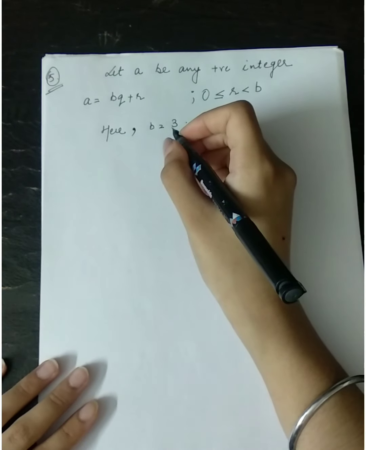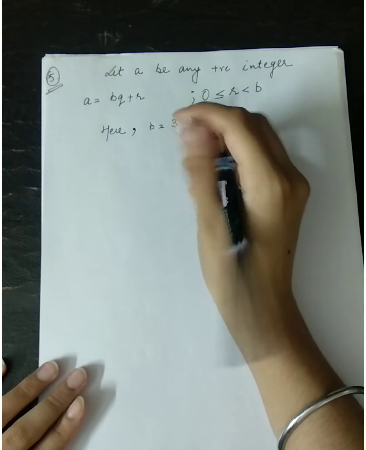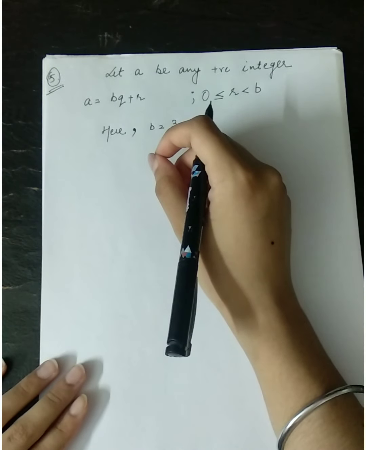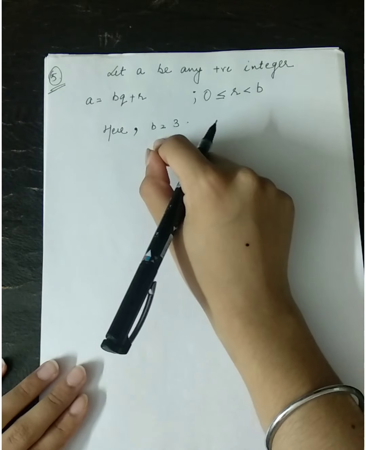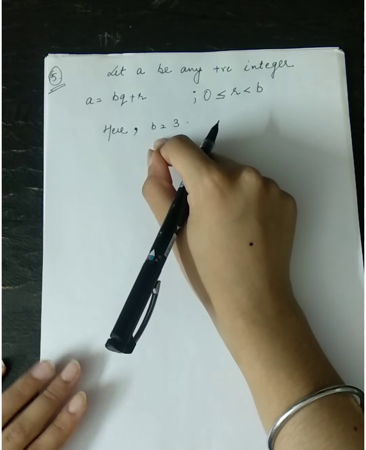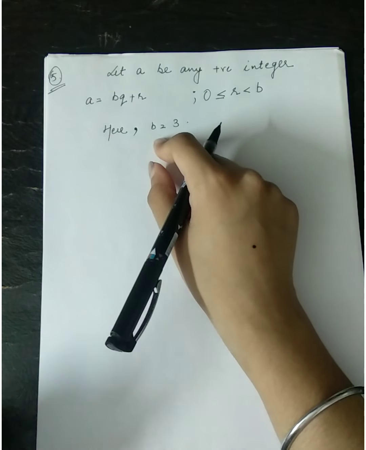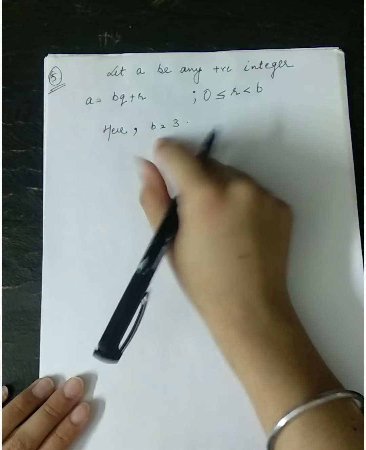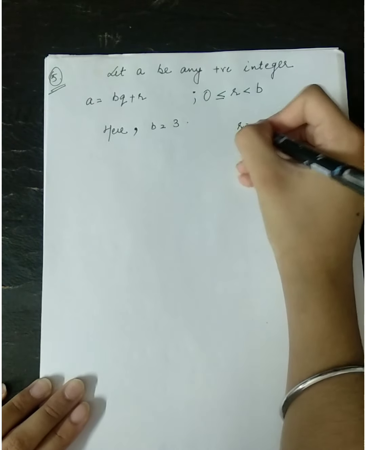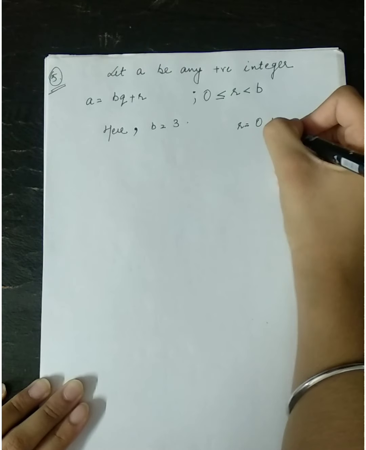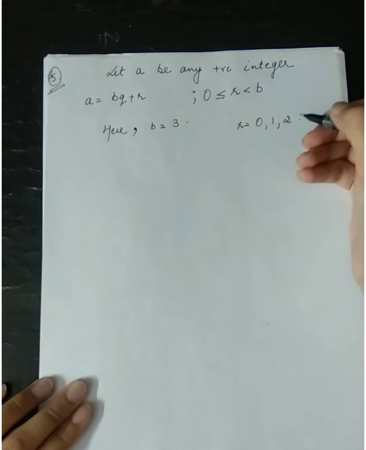Why? Because they have asked us to find the cube of any positive integer, and that should be of the form 9m, 9m plus 1 or 9m plus 8. So 9 is the cube of 3, so we will be taking B as 3. If B is equal to 3, then R is equal to 0, 1 and 2.